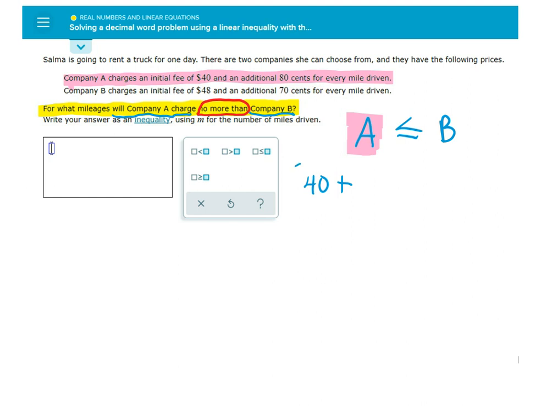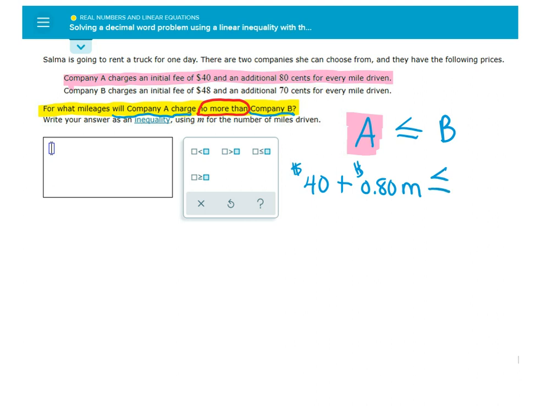Since the 40 is in terms of dollars, the 80 cents has to be in terms of dollars, so that would be $0.80. You're either going to have to convert your dollars into pennies or your pennies into dollars. I'm just going to do pennies into dollars. And then, of course, it's going to be 80 cents for every mile driven. I'll just use M for mile.